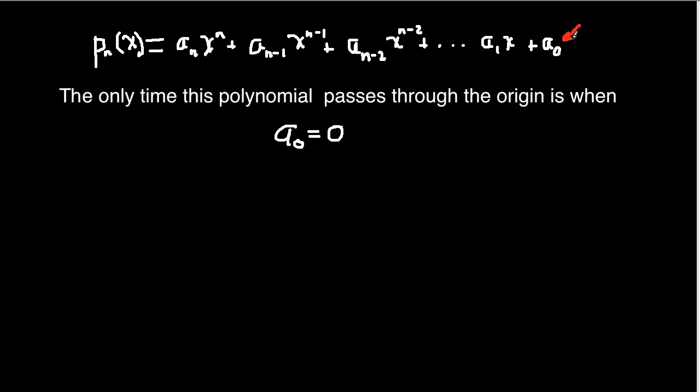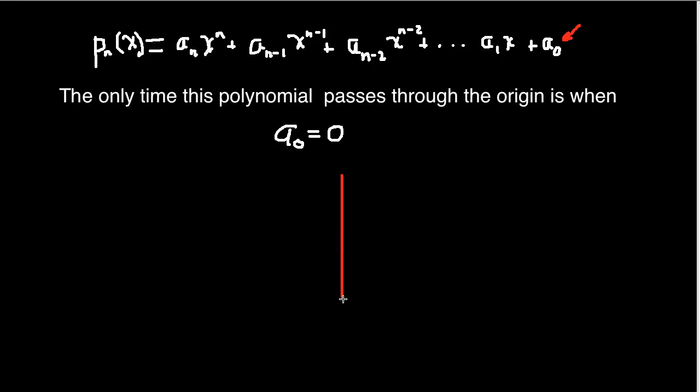Okay, so now let's look at the effect that this constant term can have on the properties of the equation. If we were to plot the equation, it would start to become clear. But looking at the equation right here, we see the only time when this equation actually passes through the origin.